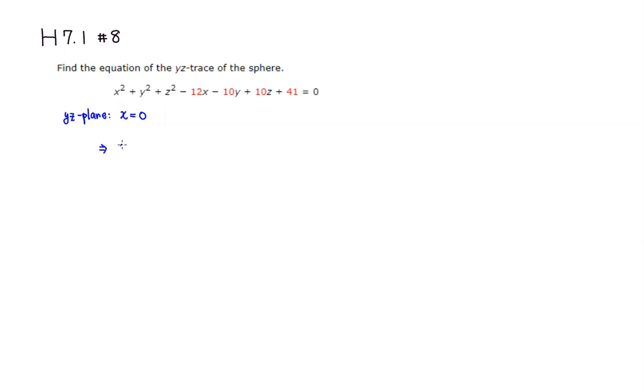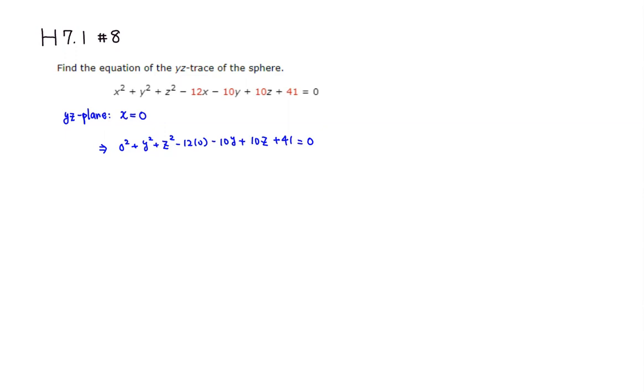So this equation becomes 0 squared plus y squared plus z squared minus 12 times 0 minus 10y plus 10z plus 41 is equal to 0.